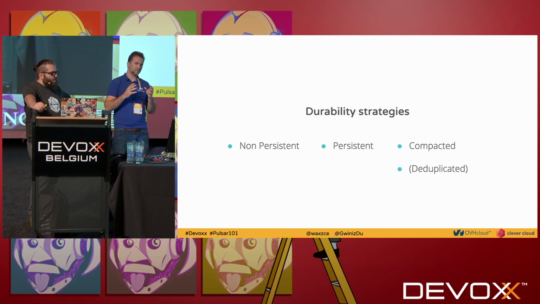You have many, many versions because there are updates on each stock, but the compaction will keep only the last one. So if you have a worker that consumes the entire topic, it will get only the last one.